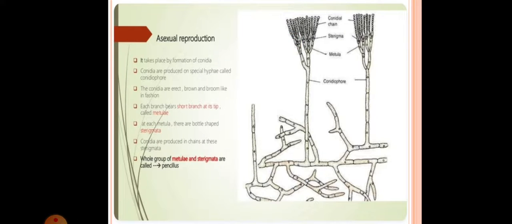Then each branch bears a short branch at its tip, and it is called a metula. So above the conidiophore there is a short branch on its tip. This branch is known as the metula, and on each metula there are bottle-shaped sterigmata. On these sterigmata conidia are produced.